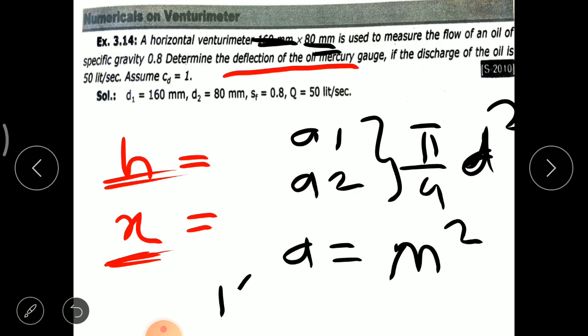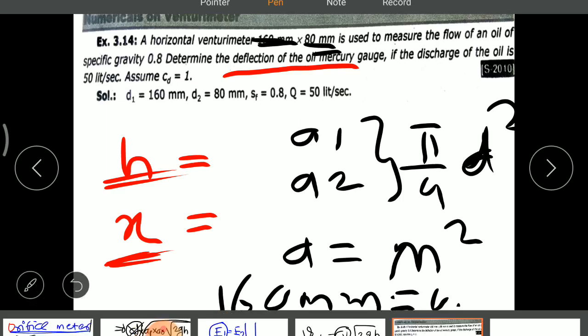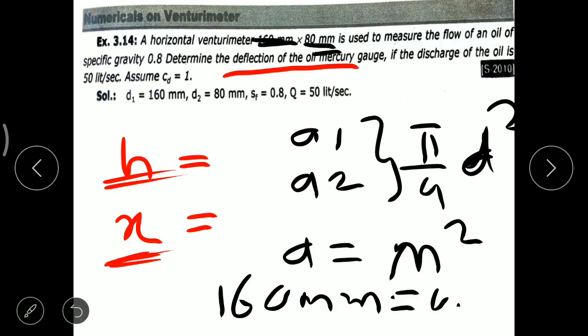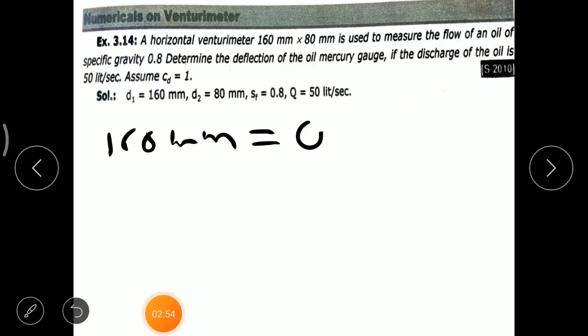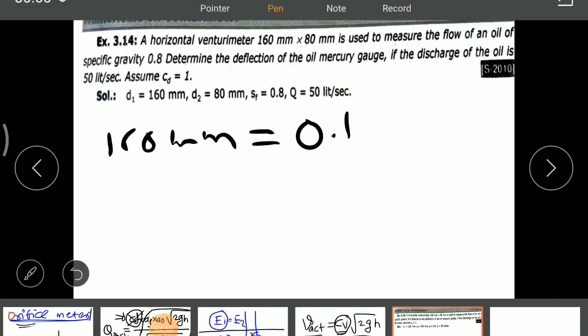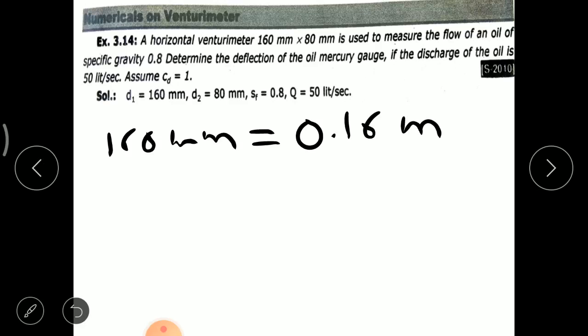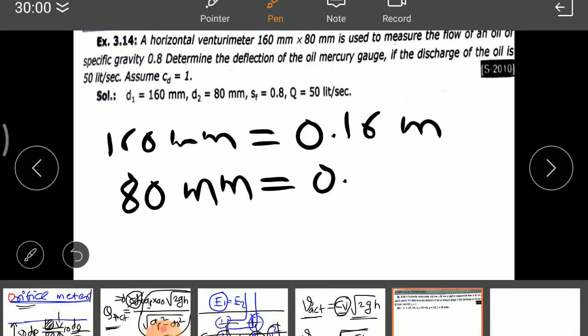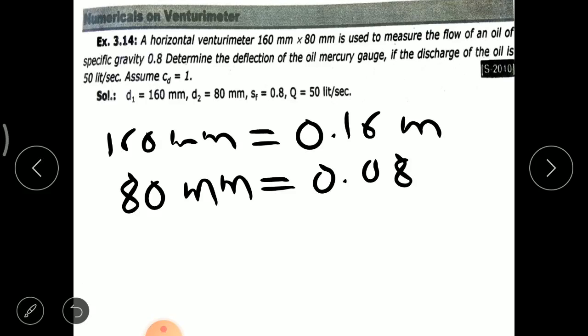Now 160 mm is equal to 0.16 meter, and similarly 80 mm is equal to 0.08 meter.